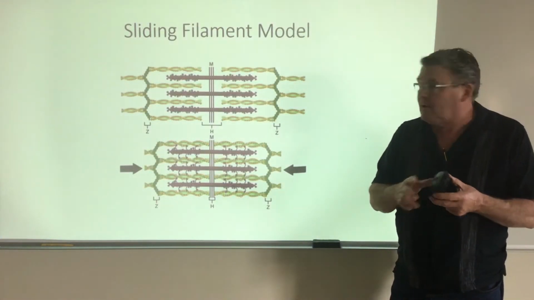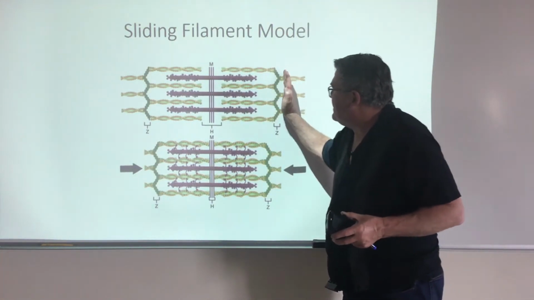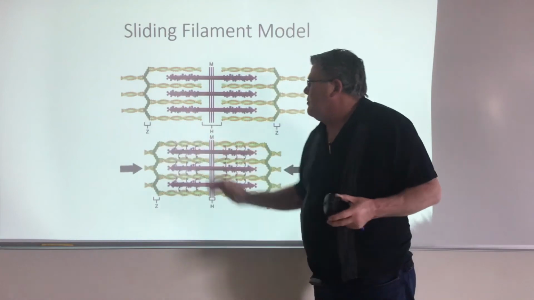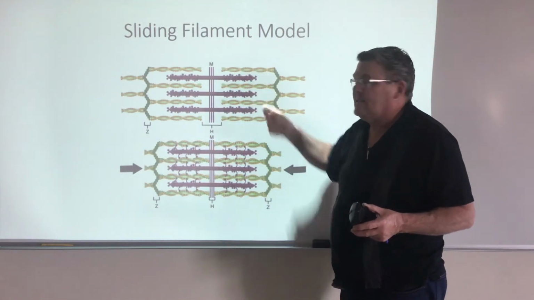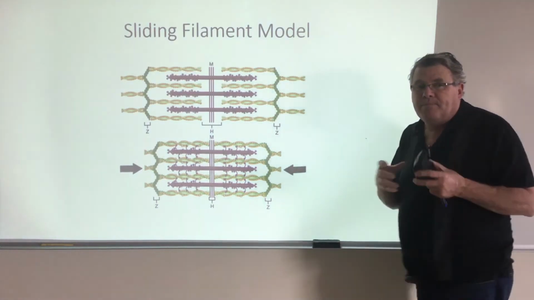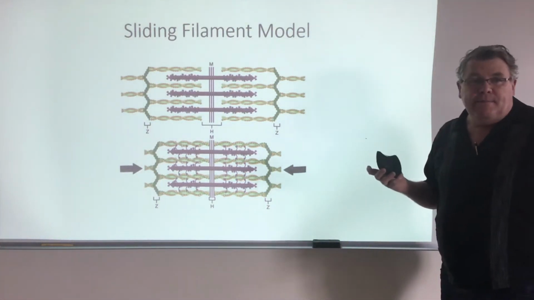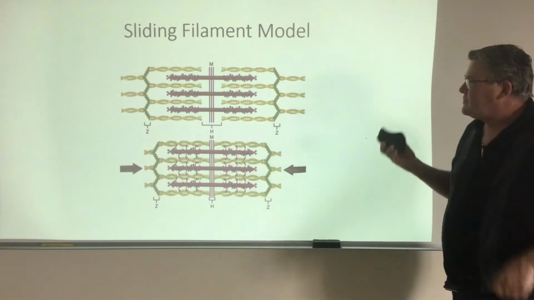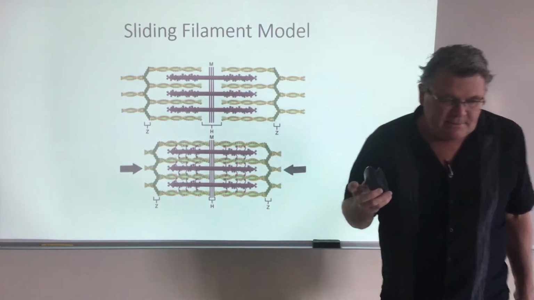We want to take these sarcomeres and we want to bring these Z bands or Z lines closer together from both sides. So we've got our myosin and actin, myosin, actin, myosin, actin that are interacting together. We've got the troponin, the tropomyosin that's keeping this from happening. So let's take a look at the neurons themselves.